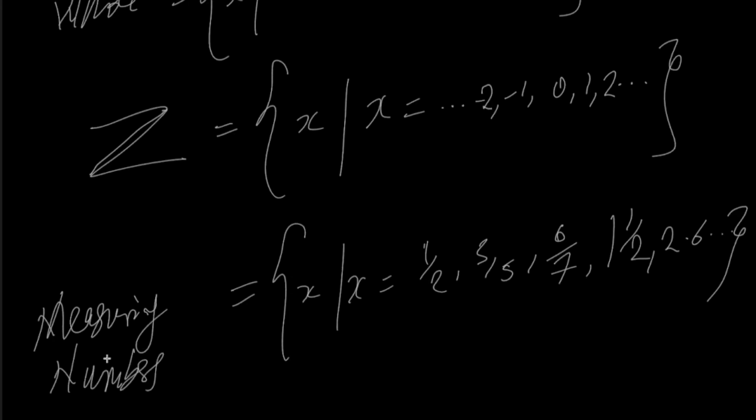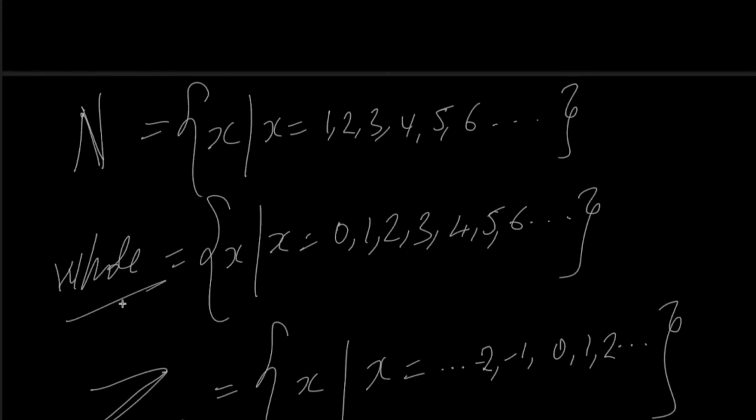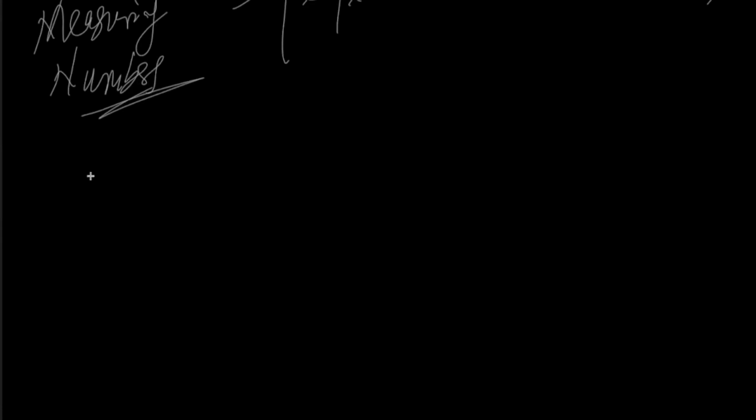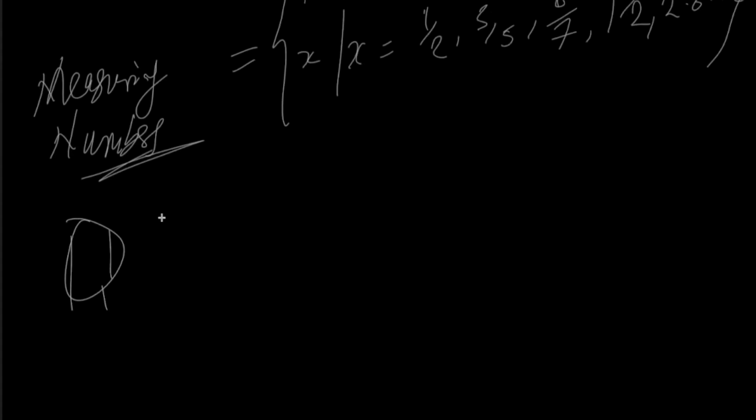Okay? So the measuring numbers plus the integers plus the whole numbers plus the natural numbers are called what? The rational numbers. And rational numbers are represented by Q, as I said, with these straight lines. And remember that the measuring numbers, another name for them is fractions.